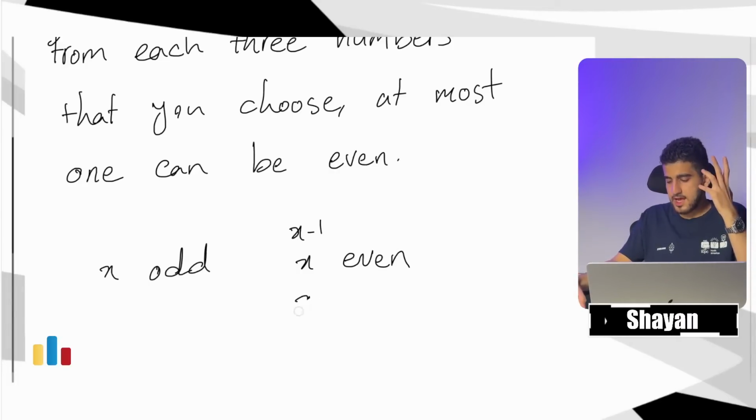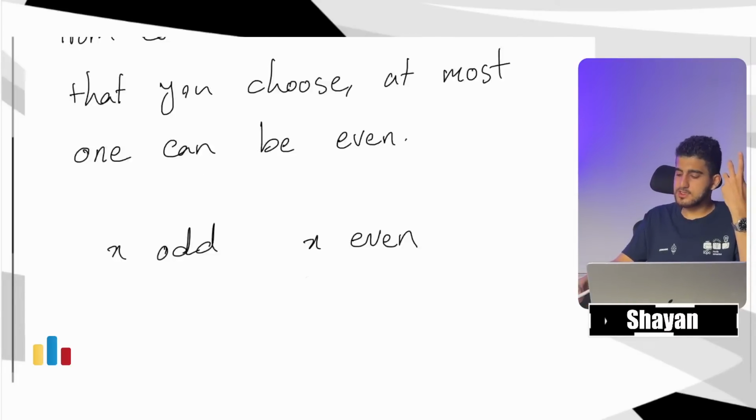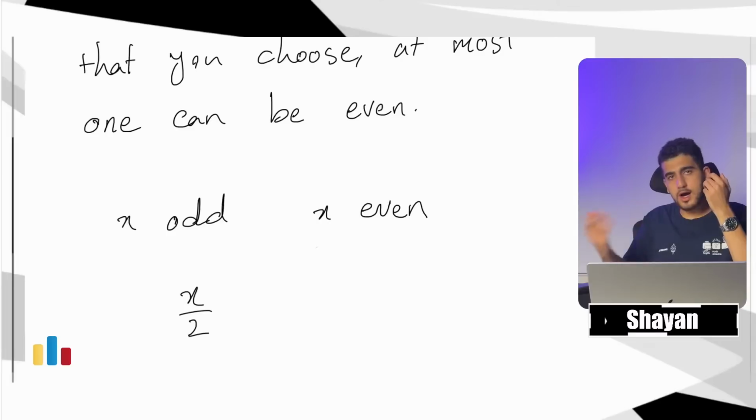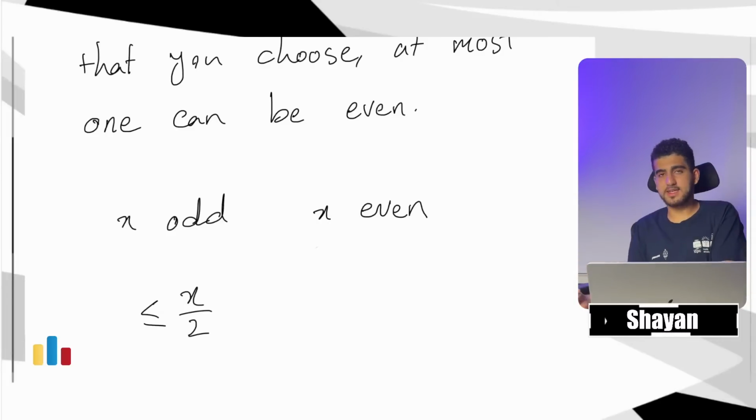Now, for example, assume that we have x odd numbers and x even numbers. It's easy to see that the number of operations would be at most x/2. Why will the number of operations be at most x/2 if you have x odd numbers?